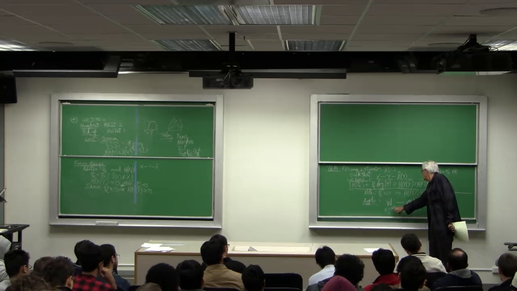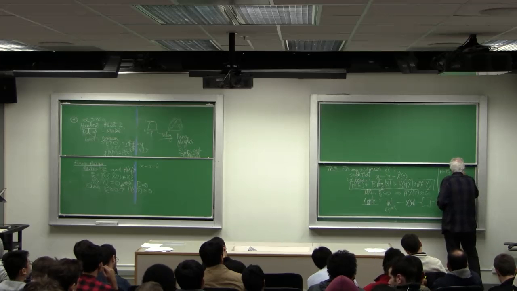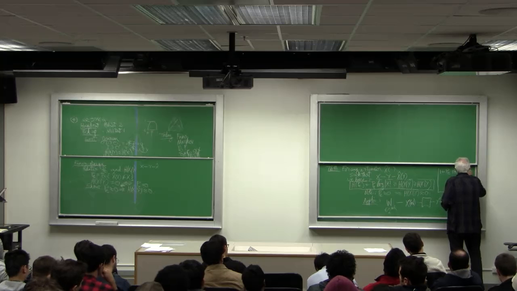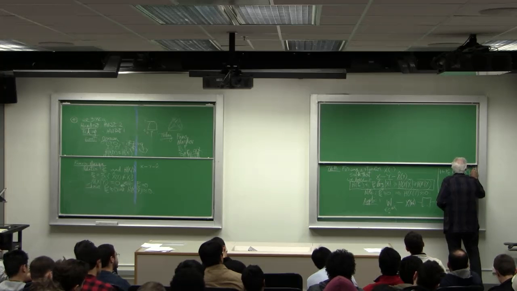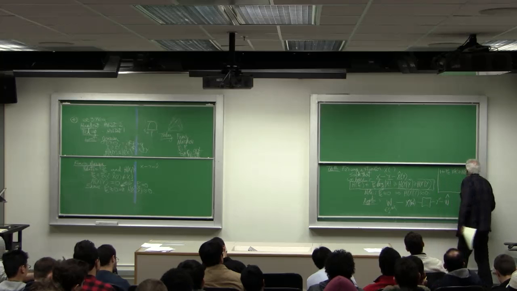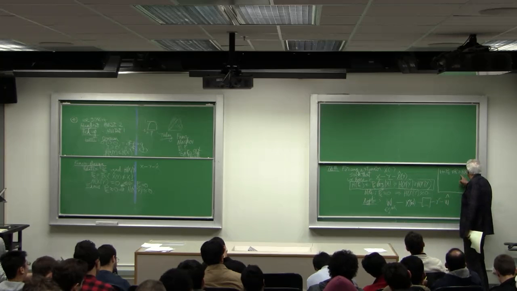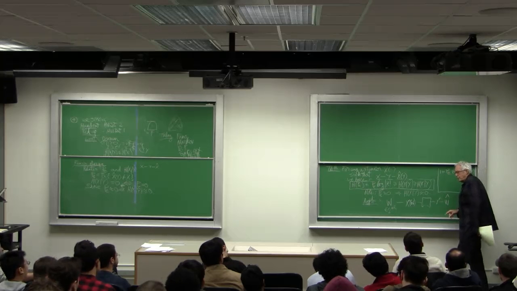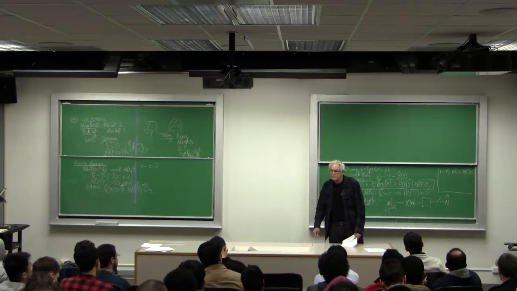That's log of 2 to the nR, that's nR, greater than the entropy of x^n given y^n. So it puts a lower bound on the probability of error given the conditional entropy.